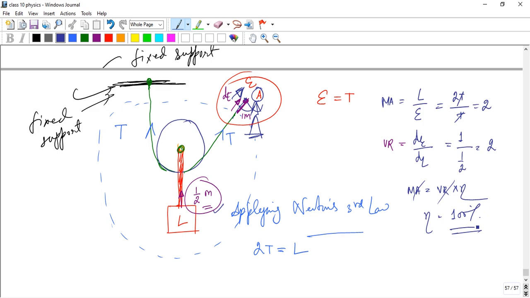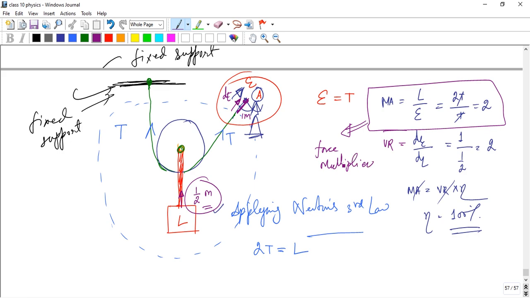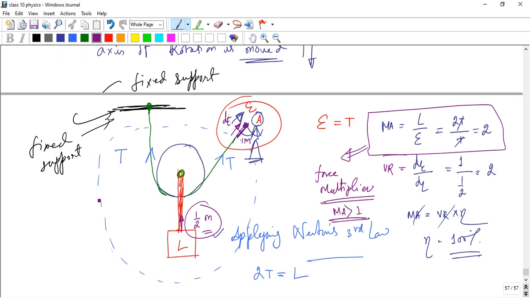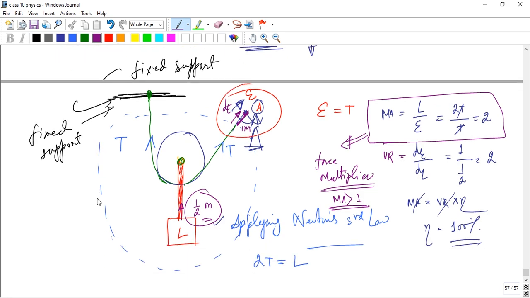But the important thing here: a mechanical advantage of 2 means it is a force multiplier. Because the mechanical advantage is greater than 1, this single movable pulley, with one end fixed, is called a force multiplier.